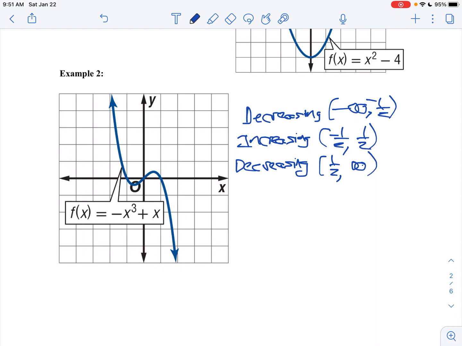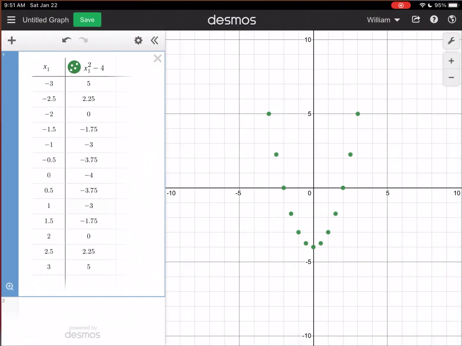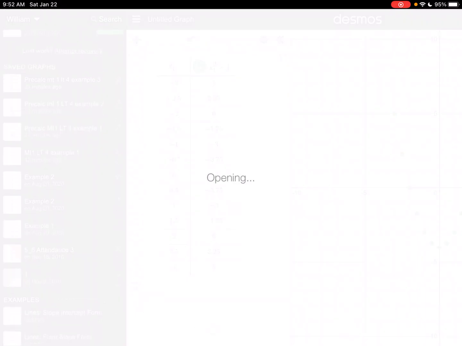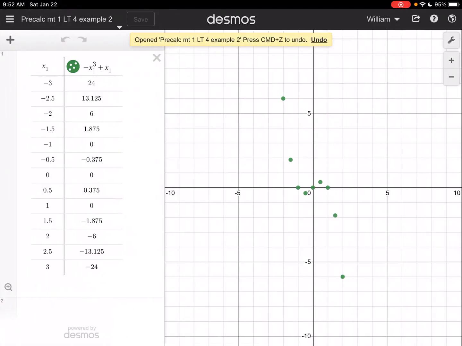Now what I've done to save us some time, I've actually made this table already. So let me see if I can open this up. So here is my table. So notice I start at negative 3, 24 to 13, I'm falling. 13 to 6, I'm falling. 6 to 1.875, I'm falling. I'm falling to 0, falling to negative 3.7. Okay, right there, that's where I stop.